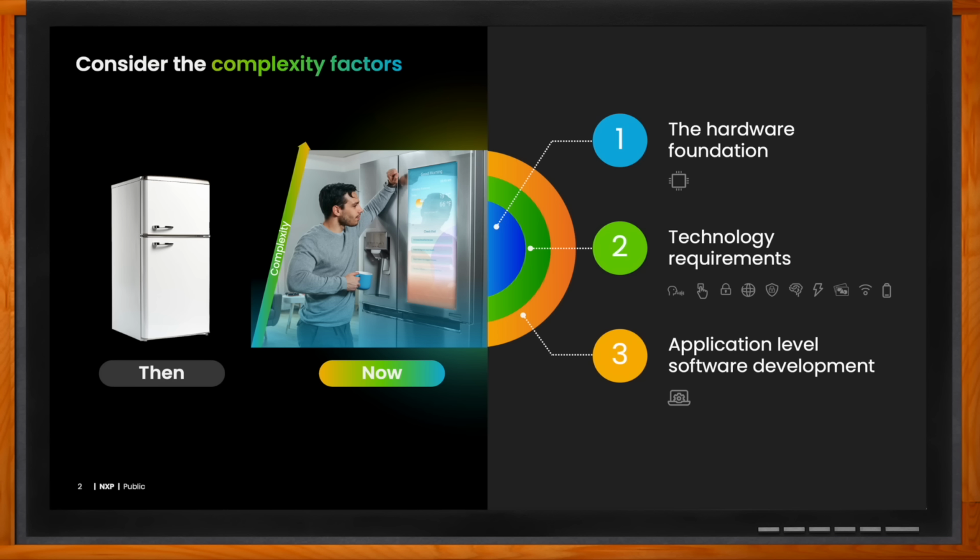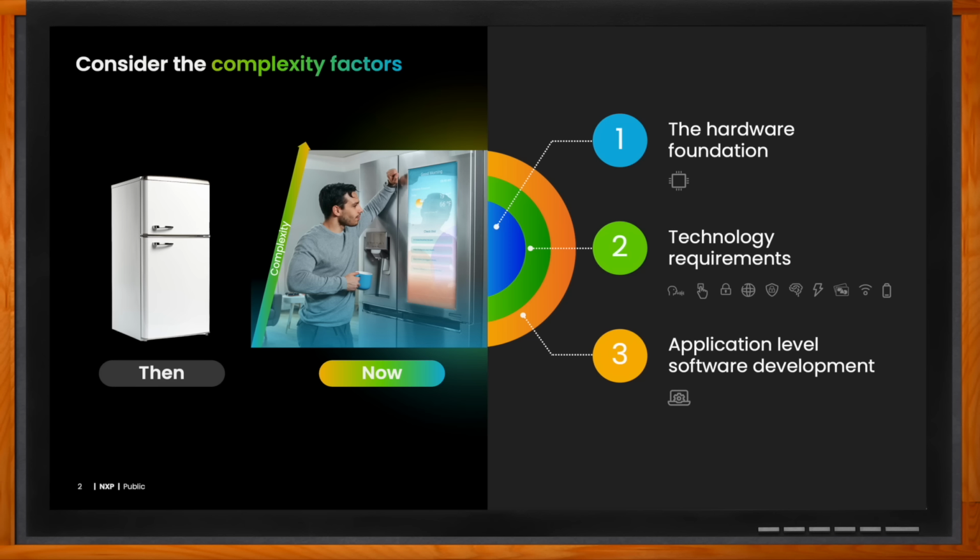And so what NXP is working on is an ecosystem, or really a development environment, to help people develop these complex products. The first thing they've done is establish a very strong microcontroller portfolio. Today we're really focused on that MCX product, but that's the base.